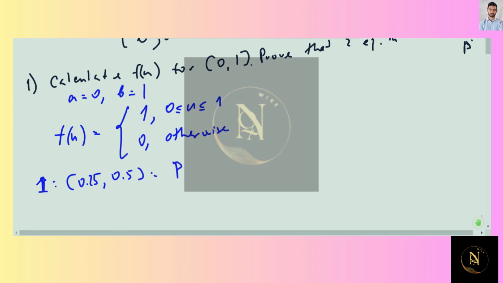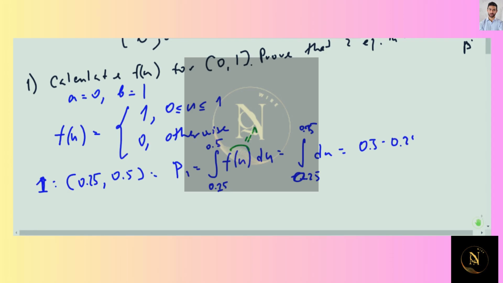In this case, the probability will be equal to the integral from 0.25 to 0.5 of the probability density function du. So this equals 1. Therefore, we can simplify this integral, and it equals 0.5 minus 0.25, which is 0.25.